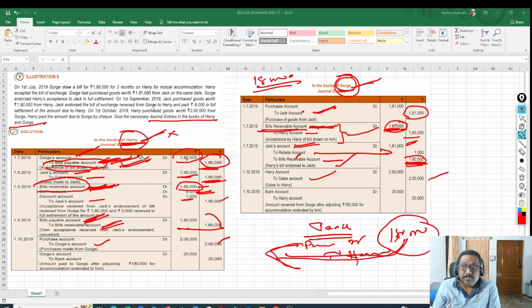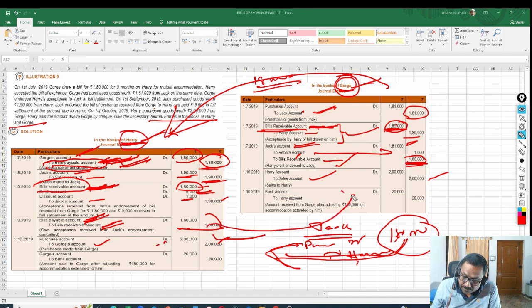Since he accepted the bill on mutual accommodation, this 1,80,000 rupees George has to pay to Harry. And since Harry purchased 2 lakhs worth of goods from George, he has to pay 2 lakh rupees to him. So net, what is the balance payable? Net, Harry has to pay 20,000 rupees to George.